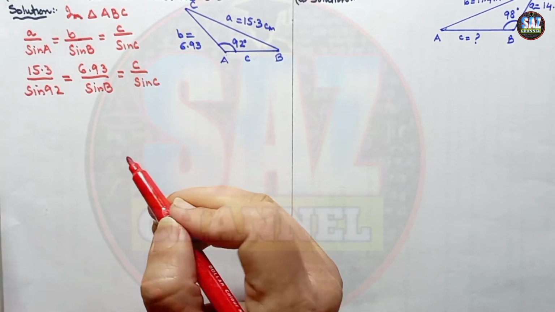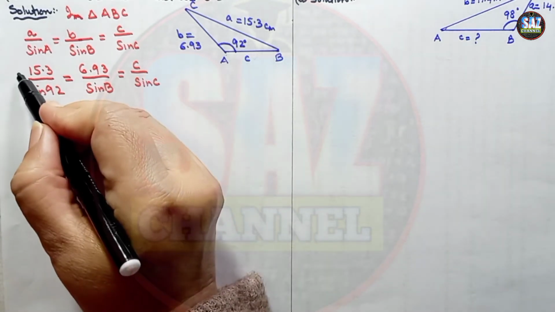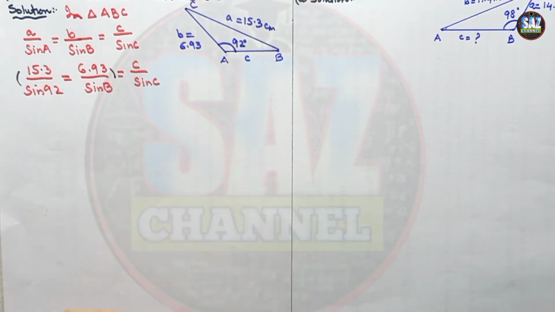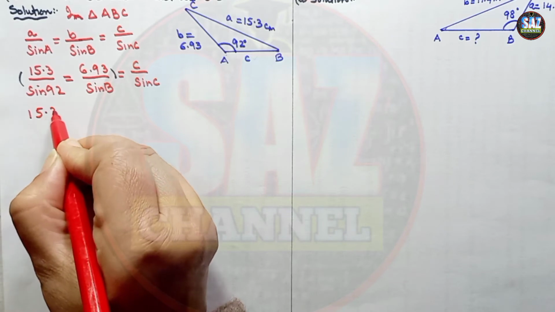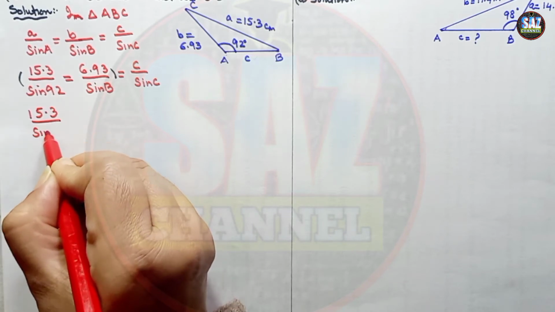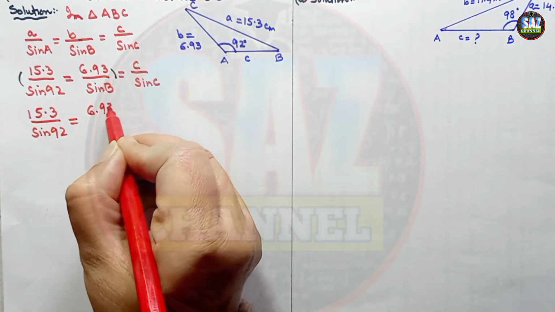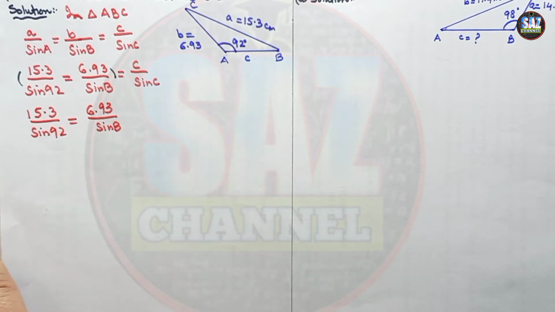So in the beginning we compare this part and find the value of angle B, which will help us get the value of angle C. My equation will take the form 15.3 upon sine 92 equals 6.93 upon sine B.